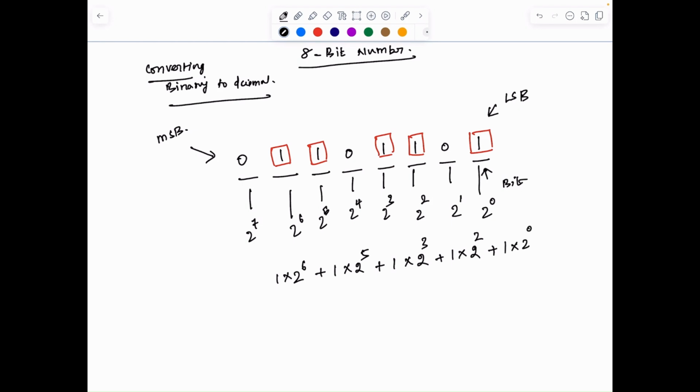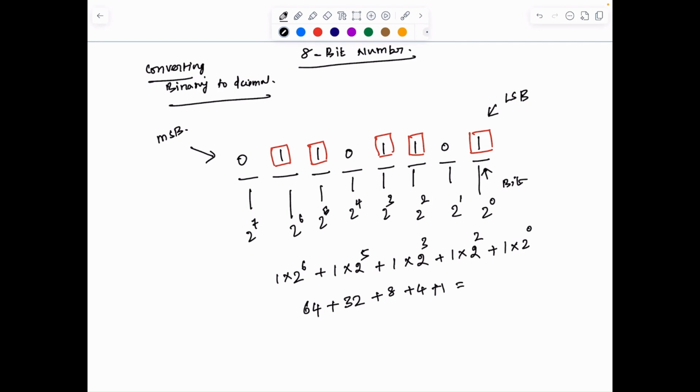That means 2 power 6 is 64, this is 32, then we have 8, 4, plus 1.